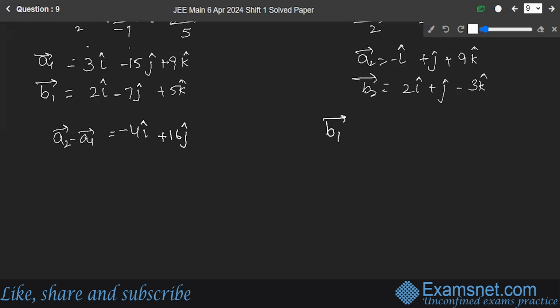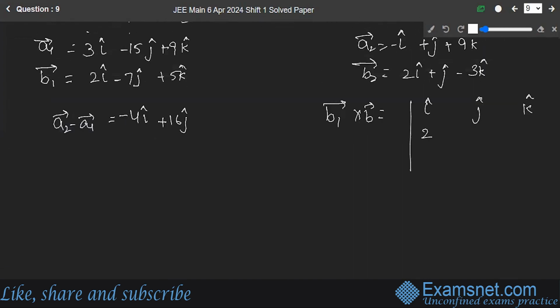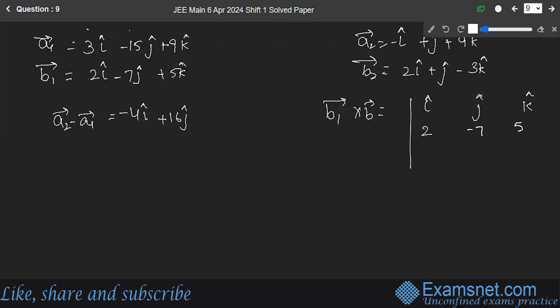And B1 and B2, let's find out the cross product of it. This is i, j and k. So this is 2, minus 7 and 5, 2, 1 and minus 3. Let's find out. This will be i, and 21 minus 5, this will be 16. Minus j, this will be minus 6 minus 10, which is minus 16 again.